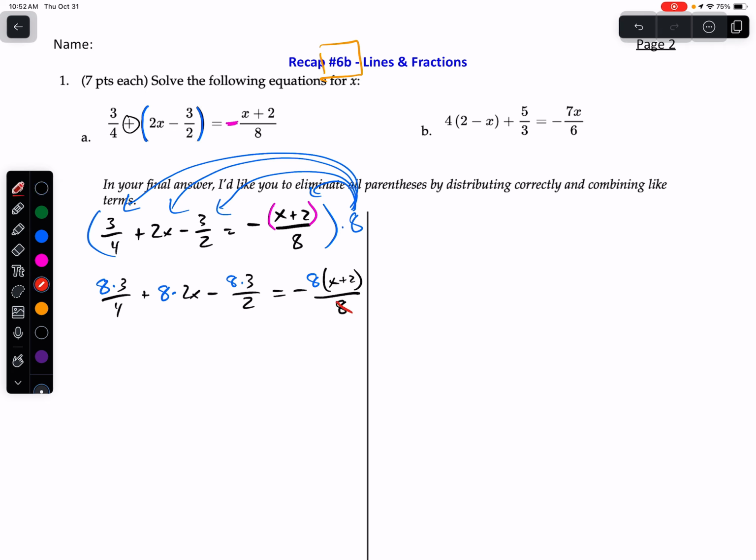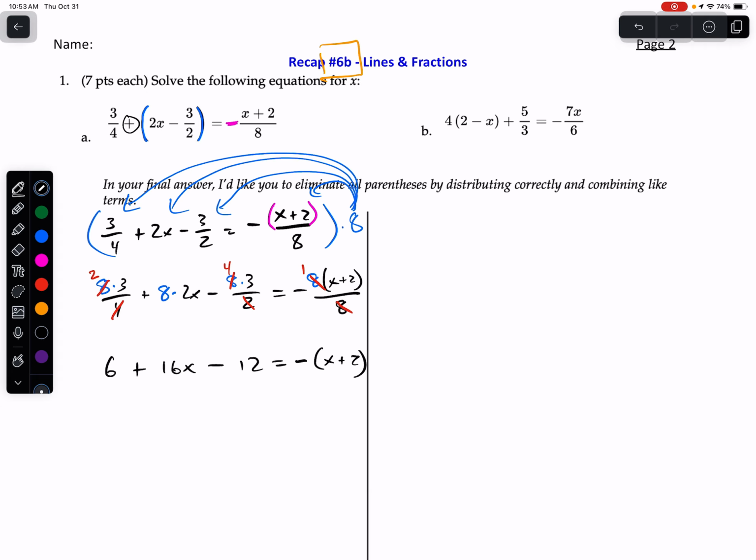We're going to divide that out, so that's just 1. We're going to divide the 2 into the 8, and we get 4. And the 4 into the 8, and we get 2. So here we get 6 plus 16x minus 12 equals negative x plus 2.